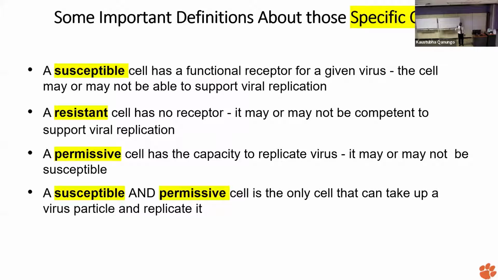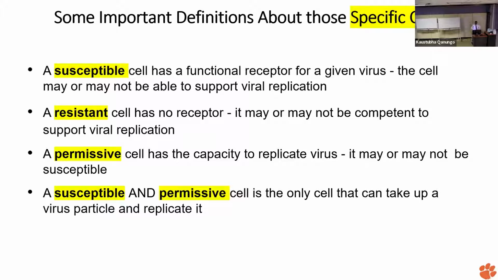But then it can do two things. It may not even replicate the virus if it is not the right kind of cell. Just remember this is an important concept: the virus being able to enter the cell does not mean that it will replicate. It may replicate, and we'll see that definition, but it may not. Susceptible means it can just enter the cell, that's it.